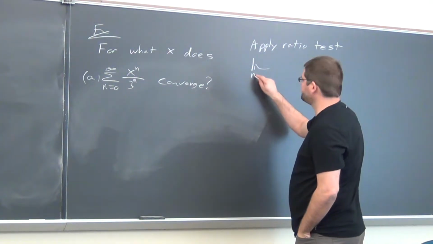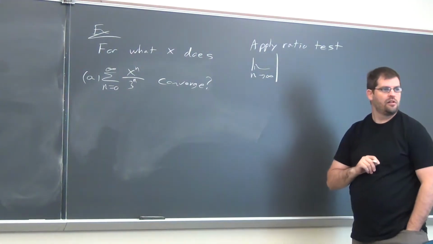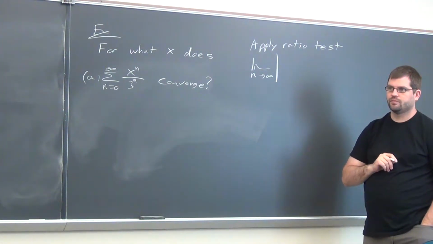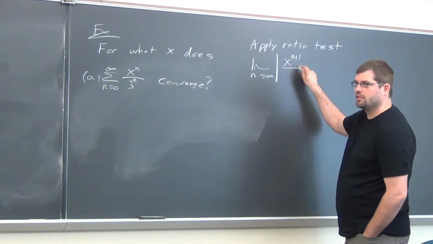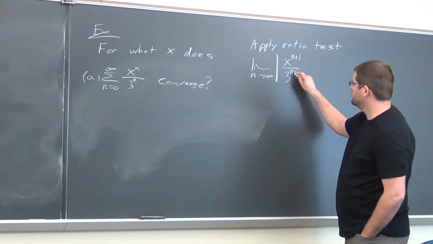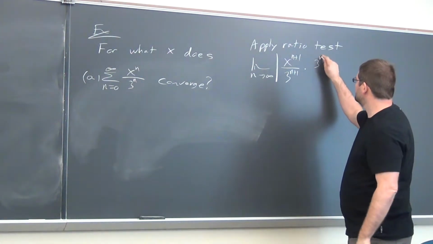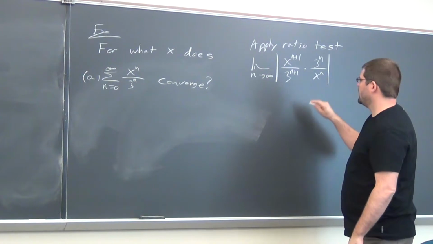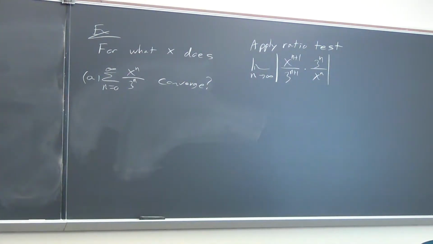Take the limit as n goes to infinity of the absolute value of x to the n plus 1 over 3 to the n plus 1, times 3 to the n over x to the n. A lot of times these are real simple, and a lot of stuff cancels right away.